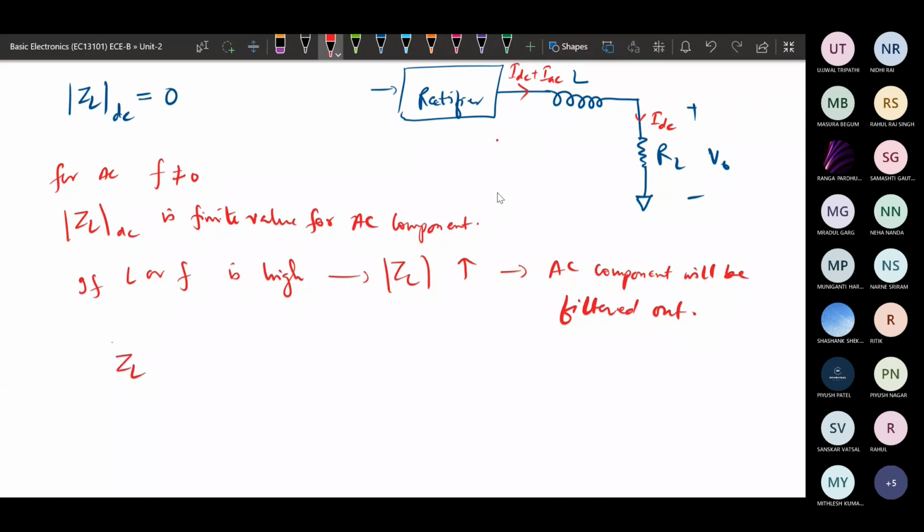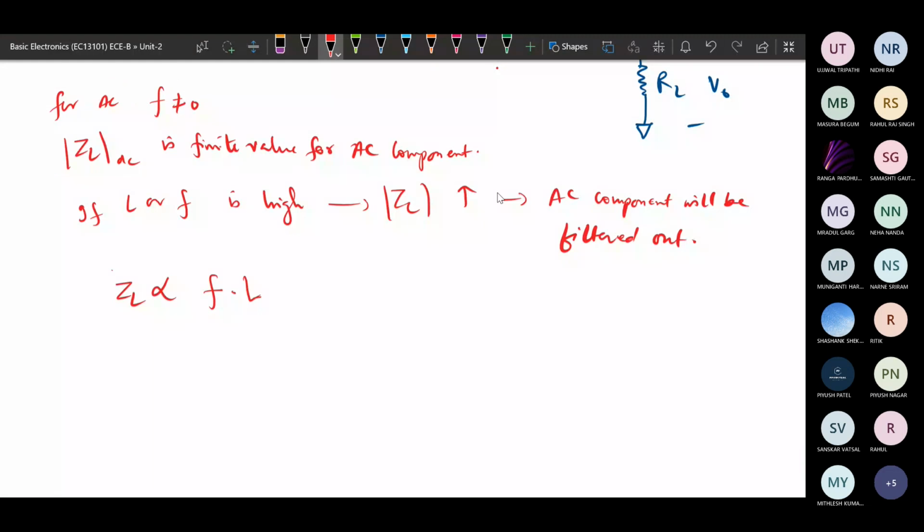ZL is directly proportional to frequency, and it is also directly proportional to L. If this is the case, then the ripple factor, the ripple value, will be less if ZL is high. That means the ripple is inversely proportional to ZL.